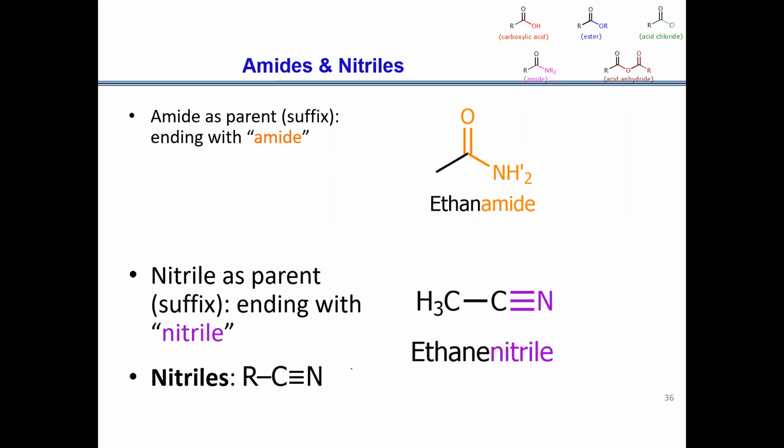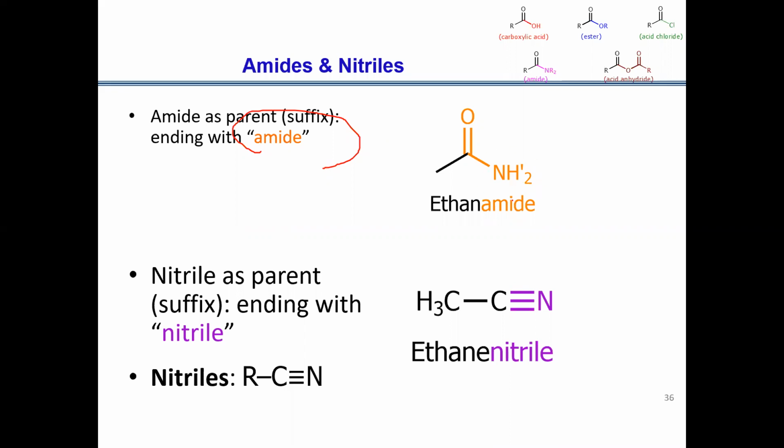Then we have the amides. In the amides, we also use the suffix amide. They are also derivatives of the carboxylic acid, in which the amino group has replaced the hydroxyl group. So that means this amino group was never over here.